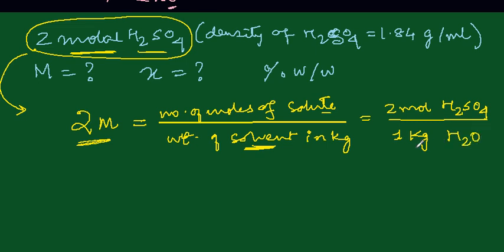Okay, so let's try to create the chart that I have mentioned earlier. Let's take the sulfuric acid, which is our solute, the water, which is our solvent, and then we have got the solution.